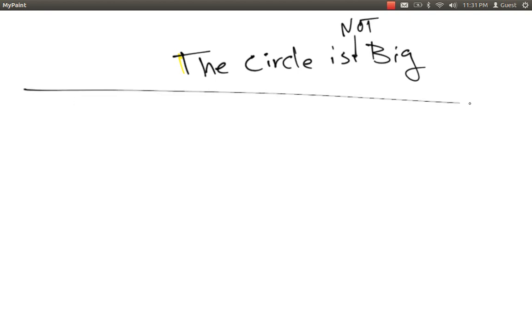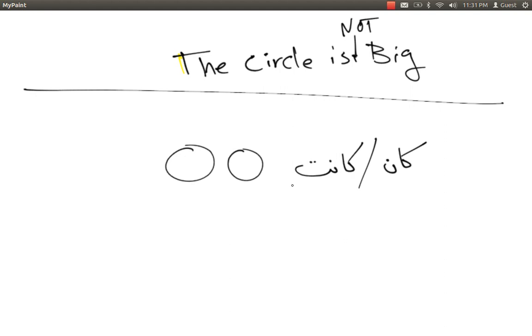Okay? Now I'm going to just remind you about the previous lesson where we put this sentence in the past, and we said that to do that we would use the word kana or its feminine form kanat, and we will put this in front of the sentence that we have.